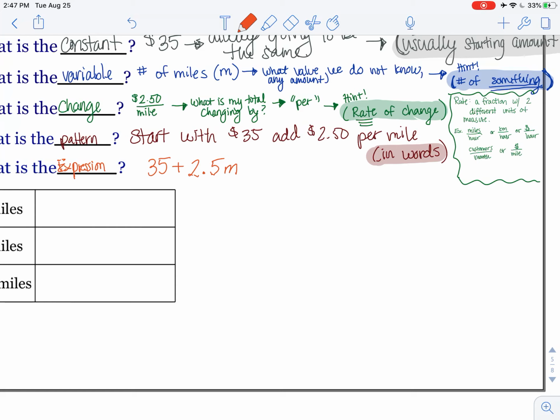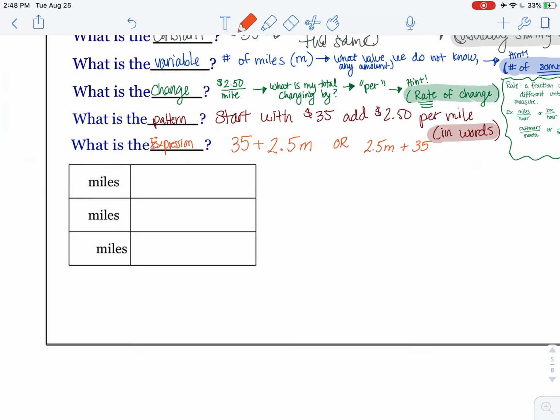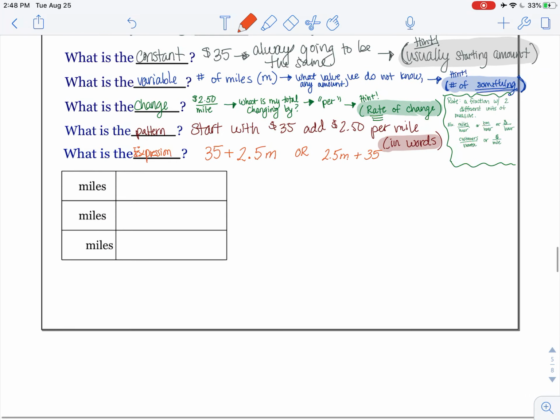When I have 2.5 right next to the M, that means multiplying. Another way we can write it is in the opposite direction. They paid $2.50 per mile plus that $35 fee.